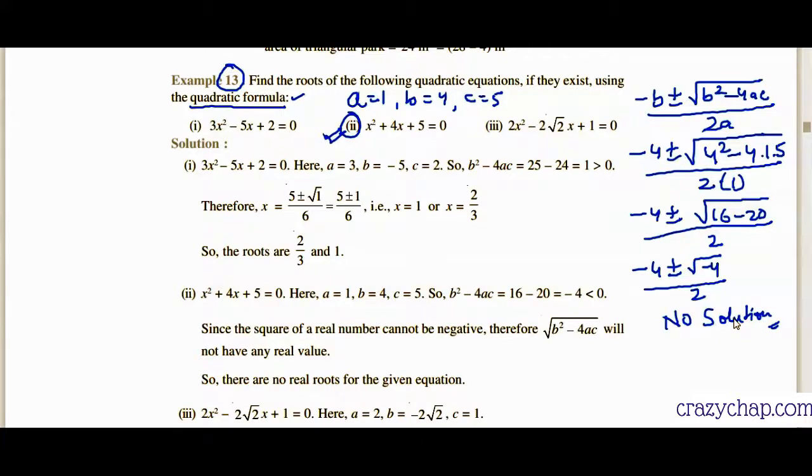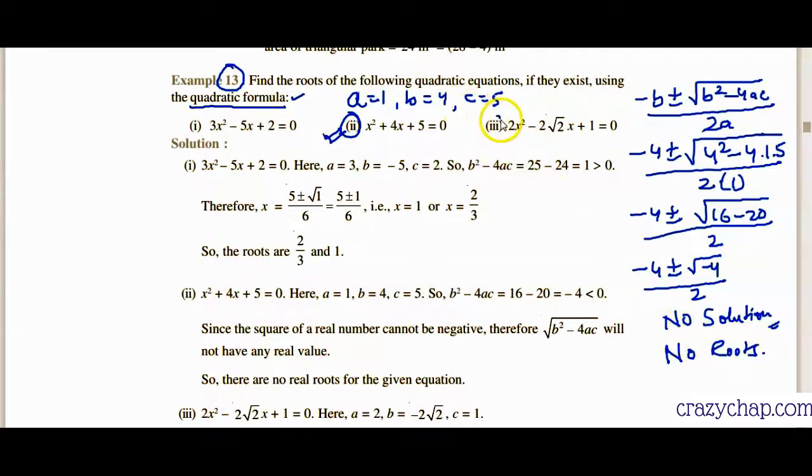It means we have solved it and we have got no value of x. Okay, so never think that quadratic formula has failed in this question. Quadratic formula always works, and we have got that there is no value of x which is possible in this equation. Okay, so we have got no solution. There is no value of x possible. No solution or no roots is the same thing, right?